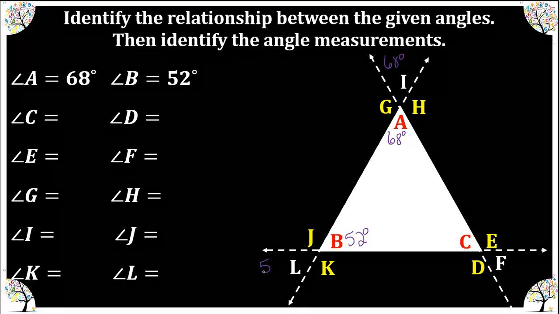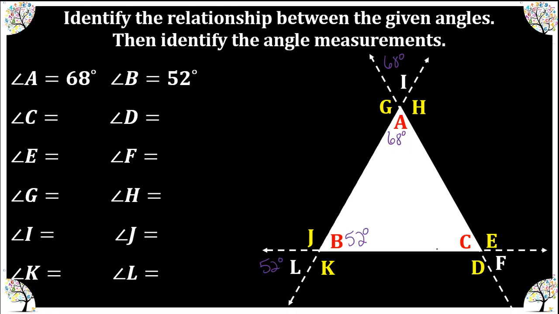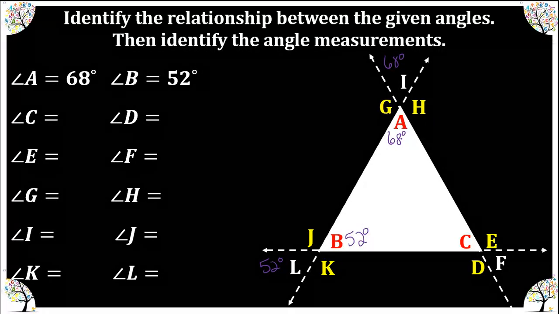We know L is 52 degrees. The way we can get C is we know that the triangle is 180. So when we add 68 and 52, we get 120. And then we're going to subtract that from our total of 180. And C is 60. Therefore, F is 60.